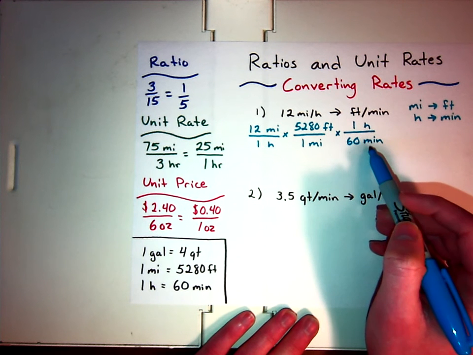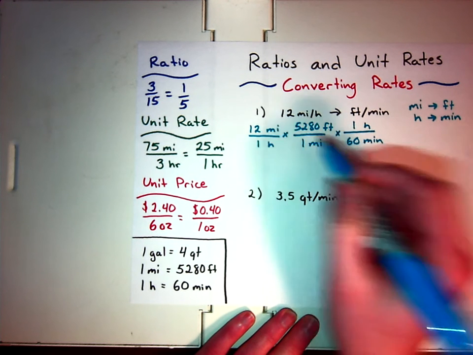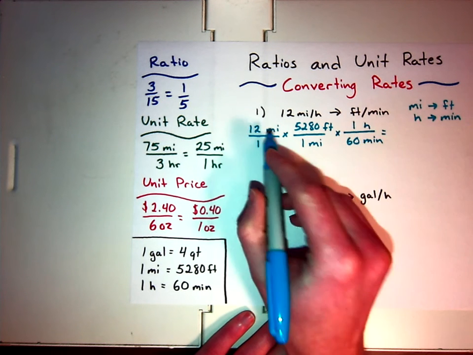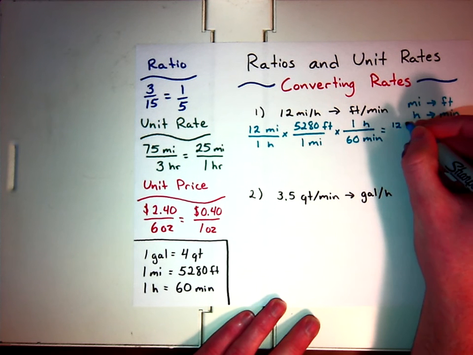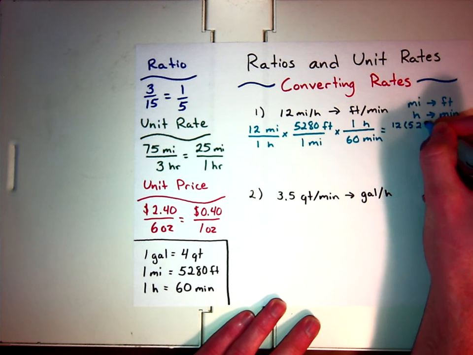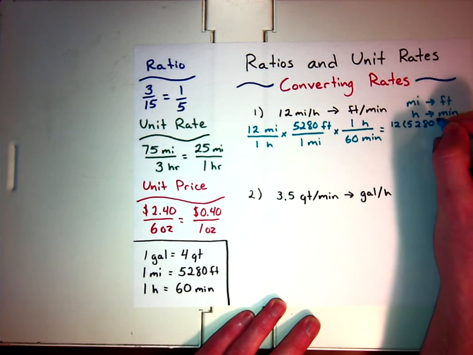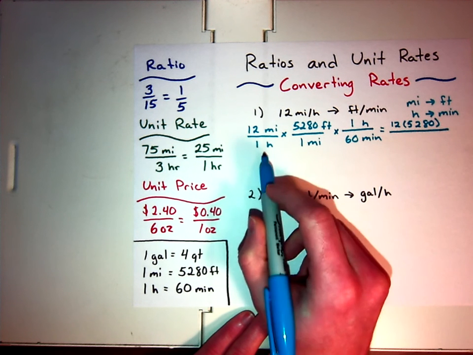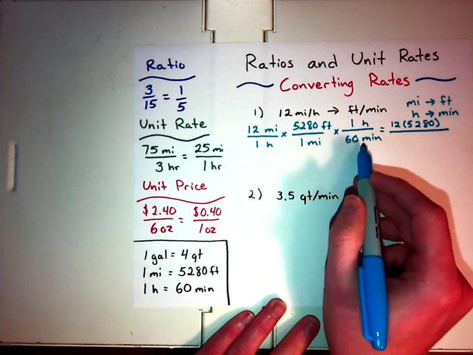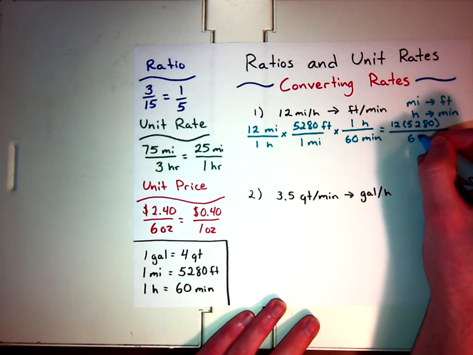This will help me to turn it into minutes. So what I'm going to do, I'm going to say, well, that's 12 times 5,280. And then times 1, well, that's the identity property of multiplication. I don't need to write that. And then this would be 1 times 1, which is 1, times 60. Oh, so 60 goes here.